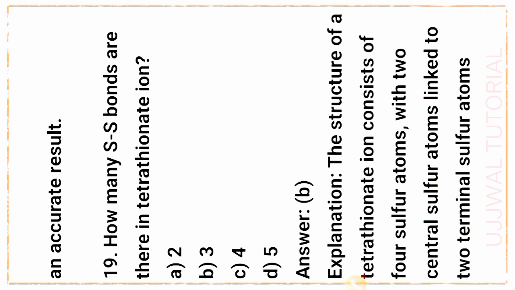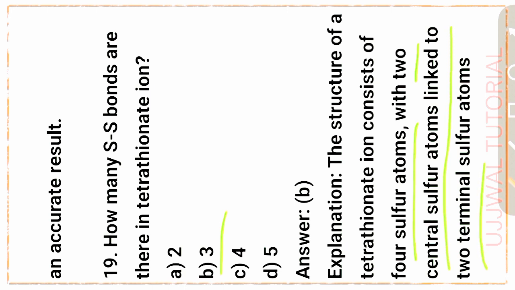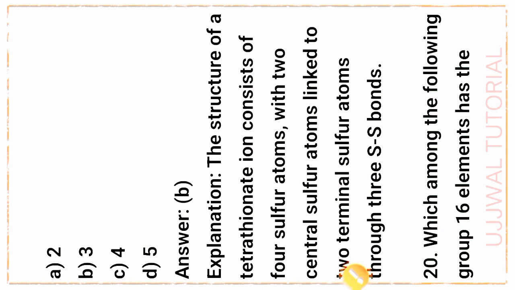How many sulfur-sulfur bonds are there in the tetrathionate ion? Option B, that is 3. The structure of the tetrathionate ion consists of 4 sulfur atoms, with 2 central sulfur atoms linked to 2 terminal sulfur atoms through 3 sulfur-sulfur bonds.